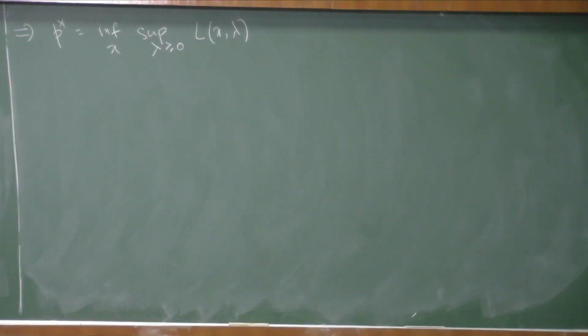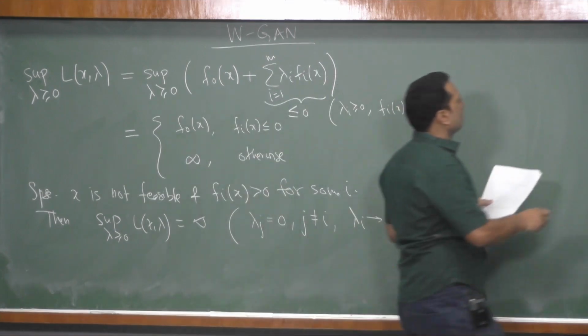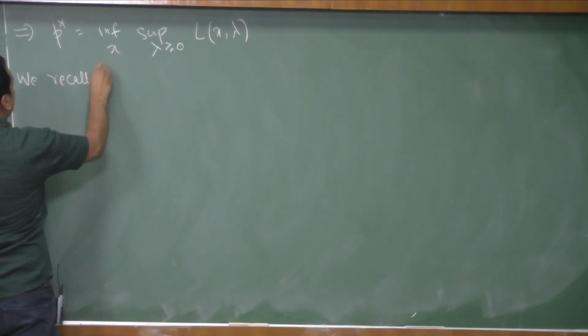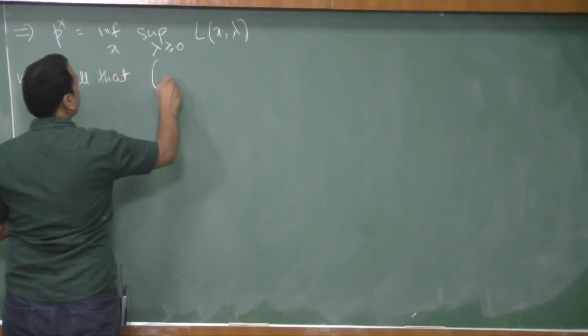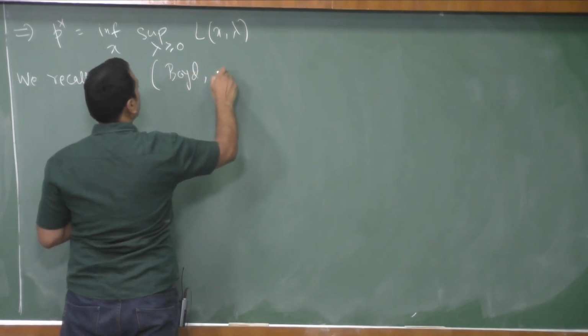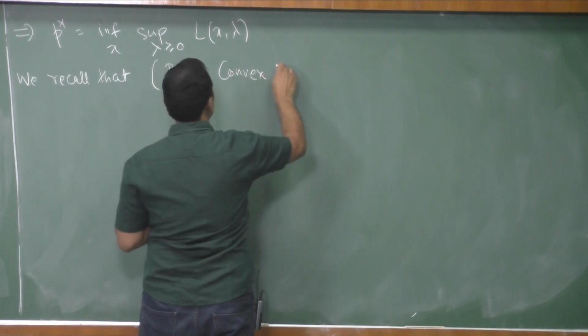And from the definition of the dual function, the obvious one is that d star was sup inf. So for d star, we recall that, if you need these references, you can always look into Boyd's Convex Optimization if you want to know more. I'm doing only that much that is needed.